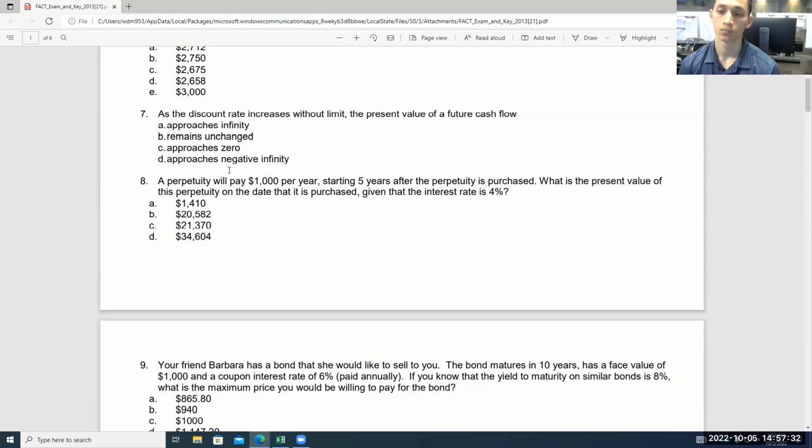Because once you hit 0, the future value is just the sum of the cash flow. If your investment is 0%, then your future value on $250 is going to be $250.